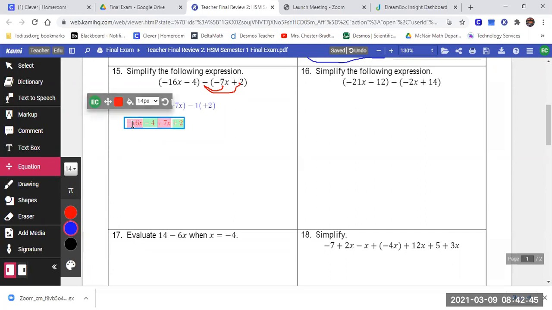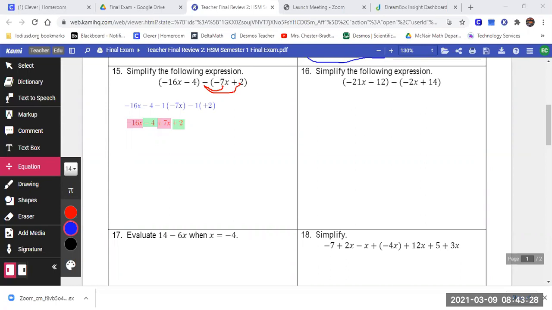All right, so this says a negative 16x with a positive 7x. Are those the same sign? No. So when they're not the same sign, what are we supposed to do? Subtract and do what?